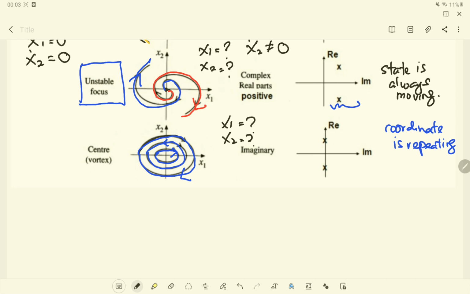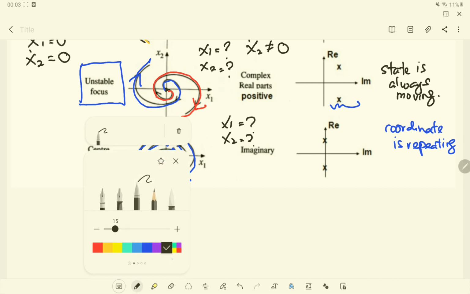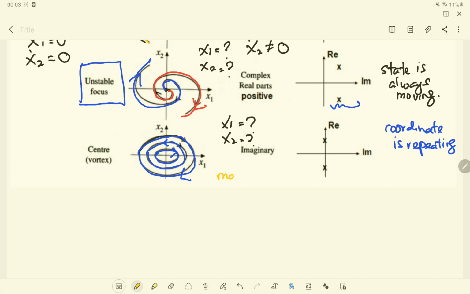The value of state is repeating. The state is moving, but you can predict the value of x1 and x2. So in these conditions, we call it marginally stable. And the location of the poles is on the y-axis.